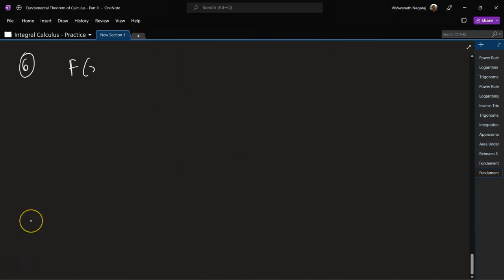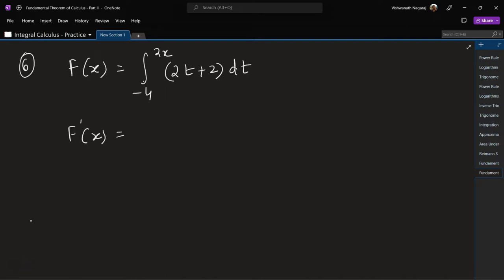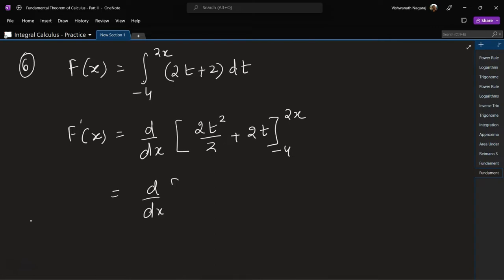Sixth one, capital F of x is equal to integral from minus 4 to 2x of 2t plus 2 dt. Differentiate this, we get d by dx of, let's integrate this, 2t square by 2 plus 2t from minus 4 to 2x. So this gives us d by dx, 2 and 2 cancels.